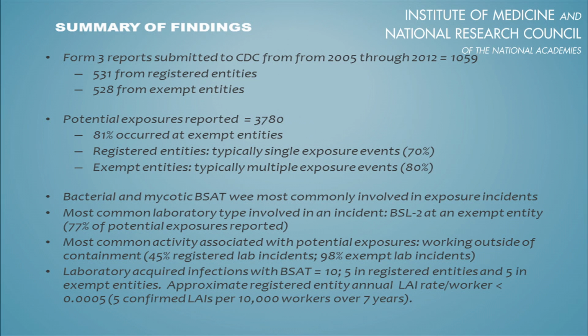Bacterial and rickettsial select agents were the most commonly involved in these incidents. The most common laboratory type of incident was BSL-2 at an exempt entity. 77% of our reports described an incident of that type. The most common activity associated with potential exposures was the working outside of containment condition.